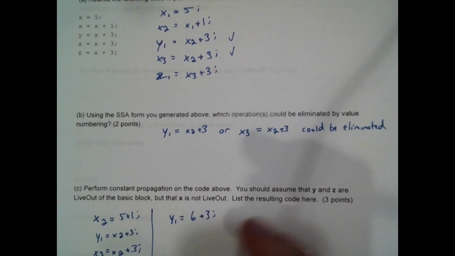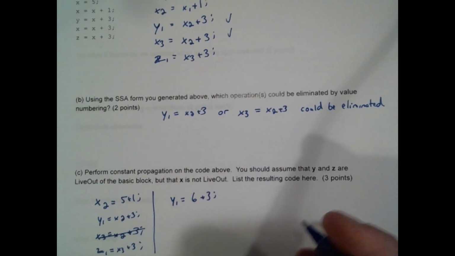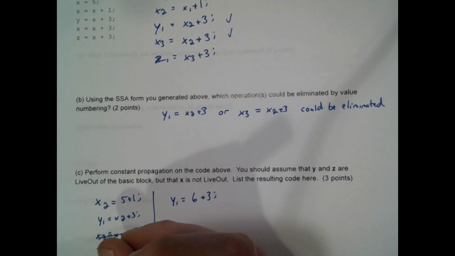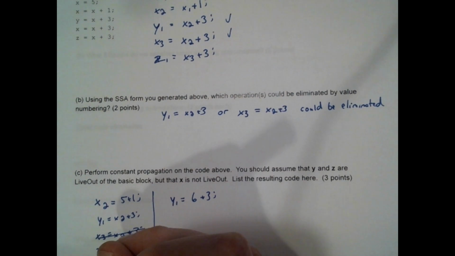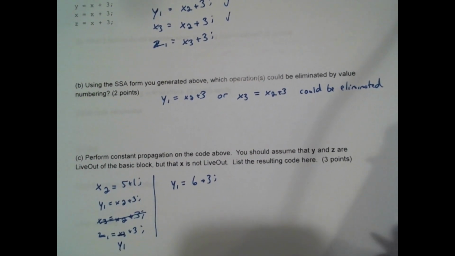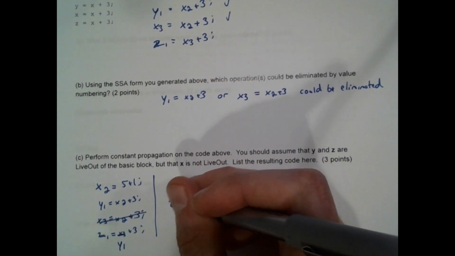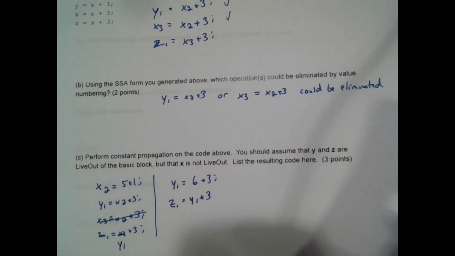X3, we said we could eliminate x3 in the previous step, so we could do that at this point if we want to, or we could just assume that we had already gotten rid of it here, and we substituted because y is the same value. We could make that y1 plus 3 for z. So let's assume that we've done that. We've got y1 equals 6 plus 3 here, and we've got z1 equals y1 plus 3.